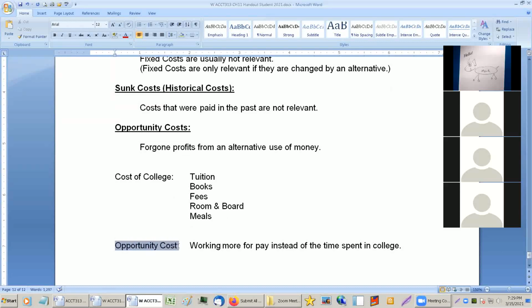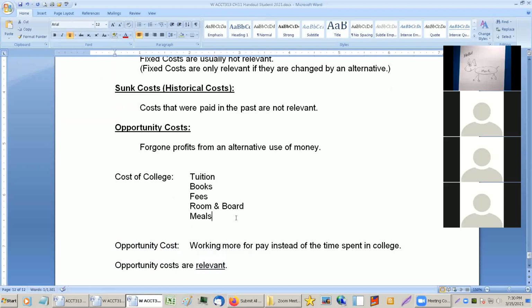Now, opportunity costs are relevant. Even if I can't spell it, they are relevant because they are an alternative.